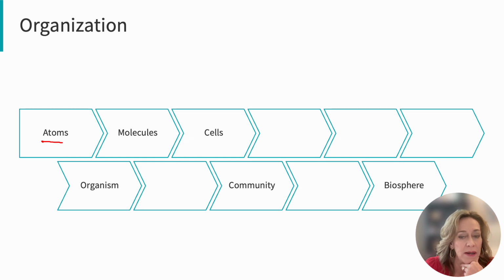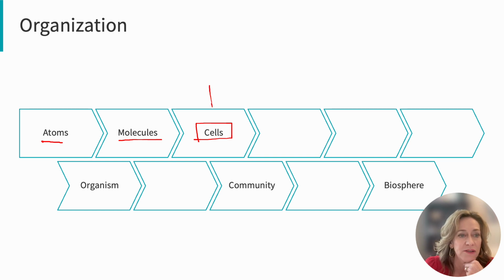Atoms can bond together to form molecules. Molecules can come together to make much larger macromolecules, organelles, larger things, and eventually these molecules are organized into what we call cells.